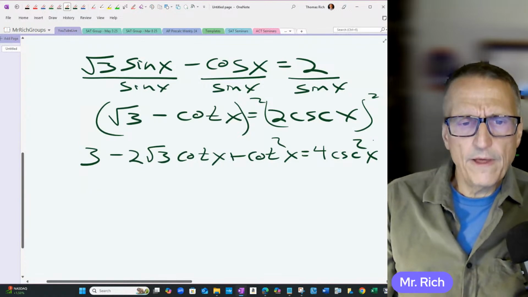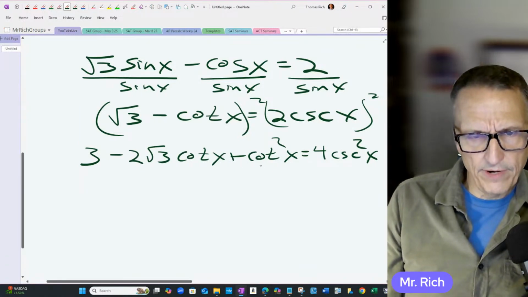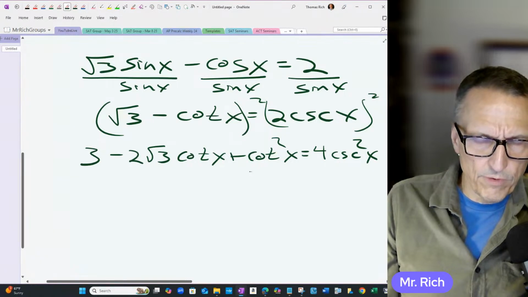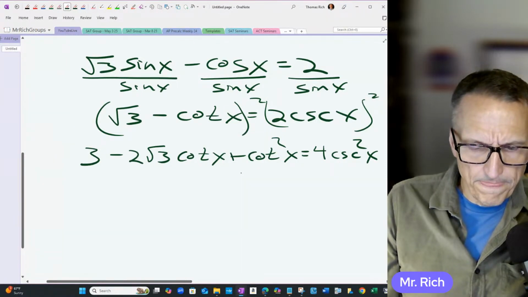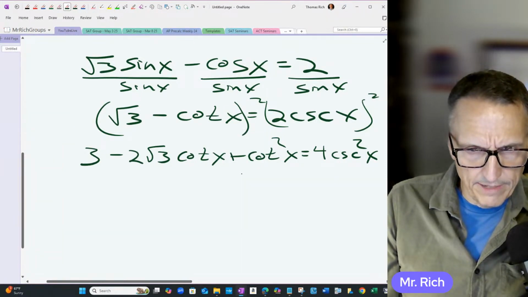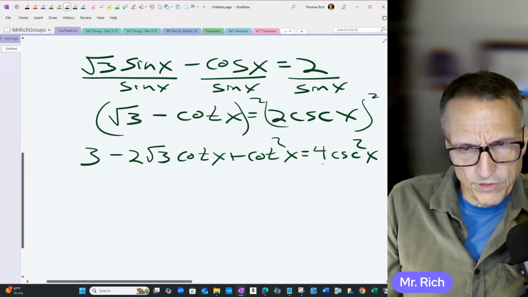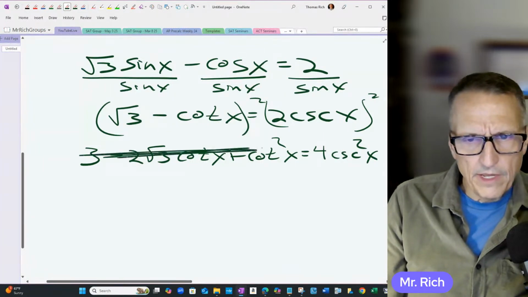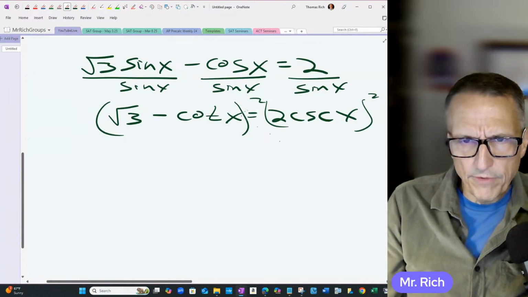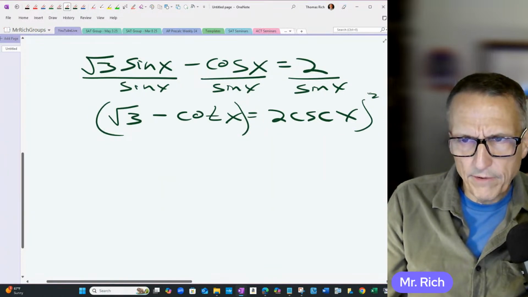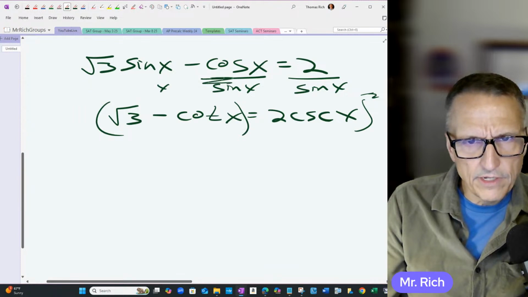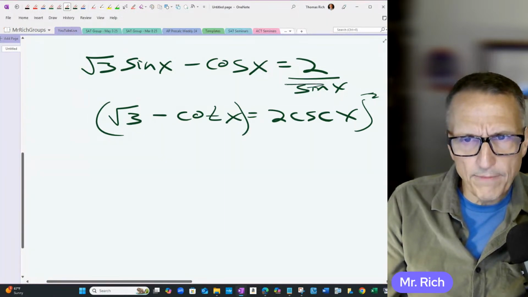Now here, I do have a cosecant squared and a cotangent squared, which might open the door for a possible Pythagorean identity, but I don't think so because of the coefficient 4. All right, so I'm going to scrap this idea and go to another method that we could use. In fact, let's just get rid of all this and get back to our original problem.